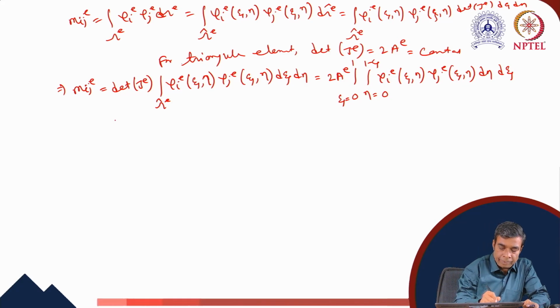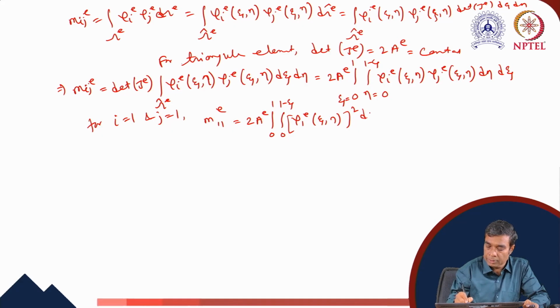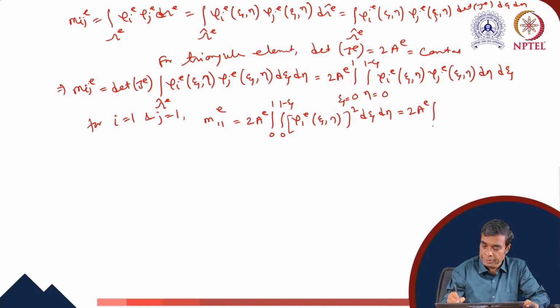Let us consider i equals 1 and j equals 1. This gives us M11e equals twice area, integration from 0 to 1, integration from 0 to 1 minus xi, psi 1e xi eta whole square d xi d eta, equals twice Ae integration 0 to 1, integration 0 to 1 minus xi, 1 minus xi minus eta whole square d eta d xi.